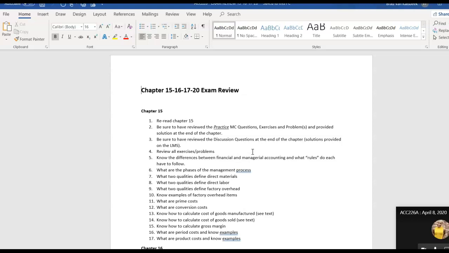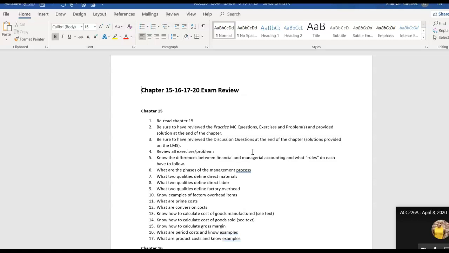And how to calculate gross margin. Let's see if I can find a nice... Well, gross margin, I can't find a nice, fast, easy one here in the book for you, but sales minus cost of goods sold is your gross margin.